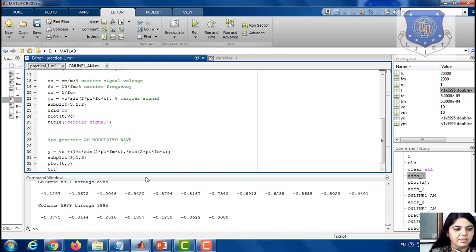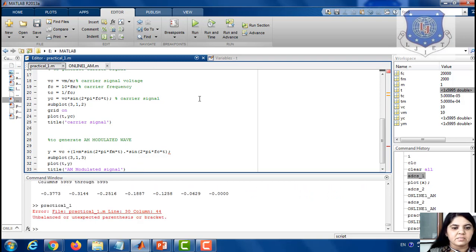Then I am providing the title for my figure, that is the AM modulated signal. So I am writing this title over here, and now we'll run it. Over here there is some bracket that you need to check.